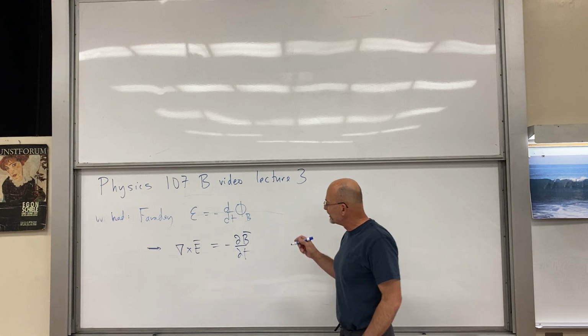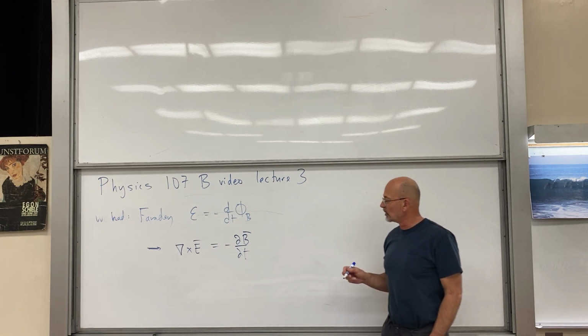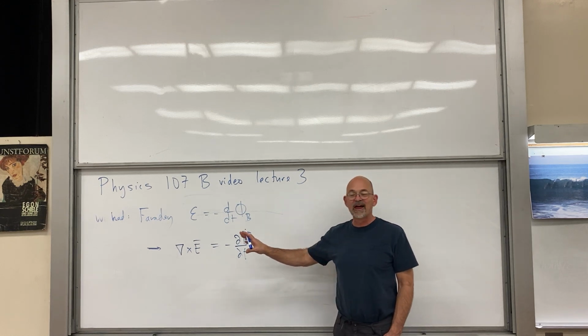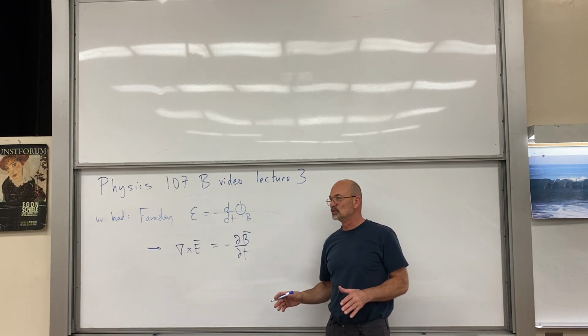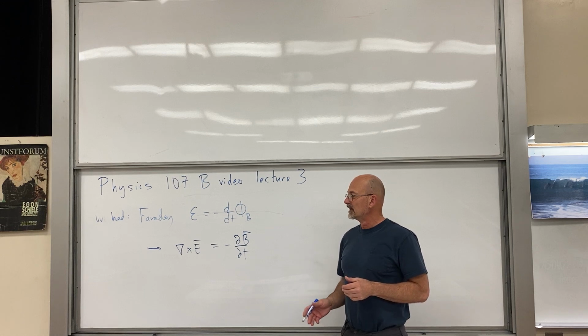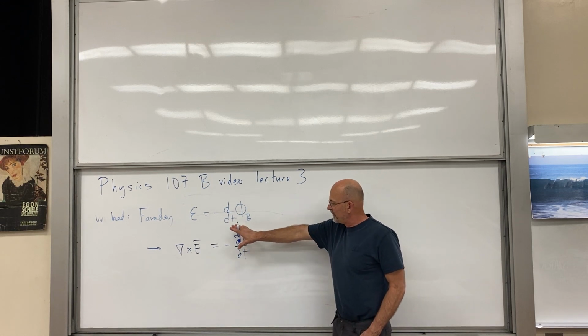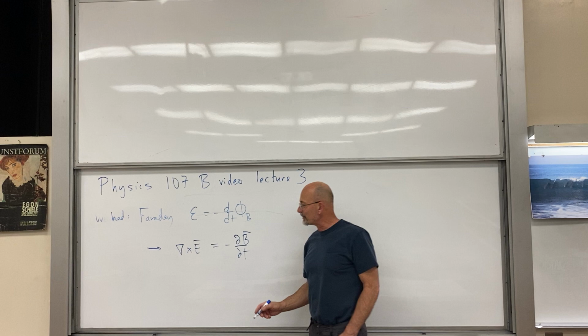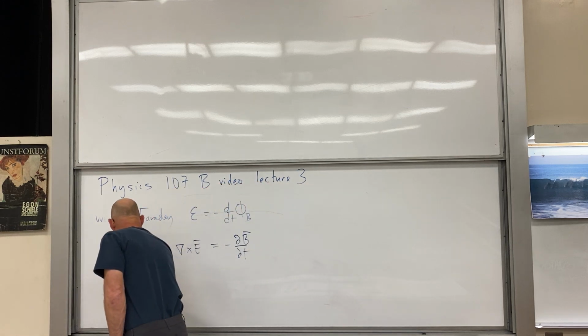And a consequence of this, again, with that wheel in the magnetic field, in the decreasing magnetic field, was that we found that the field is actually going to contain some angular momentum. So B field contains angular momentum.